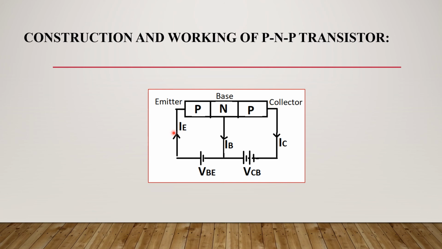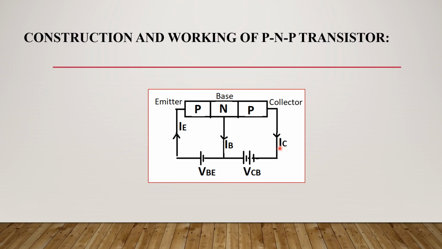Base current and collector current are the same as we used in the NPN transistor, and similar to the NPN transistor, IE is equal to IB plus IC.